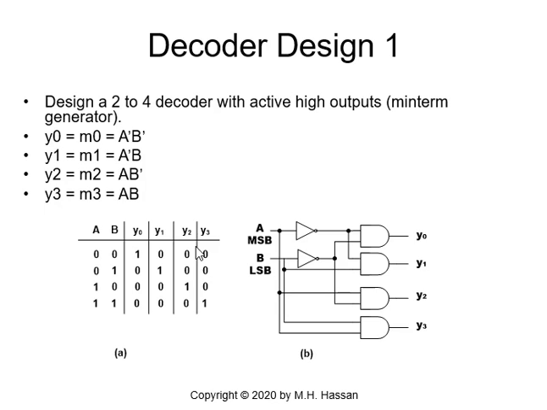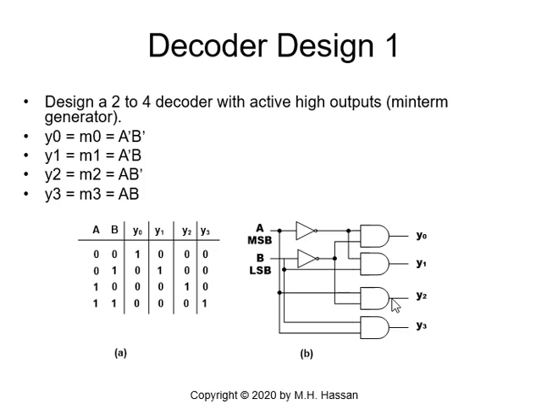And the logical equations can be translated to hardware, as you can see. We have two inverters to invert A and B. A is the most significant bit, and B is the least significant. Now, to generate Y0, I need A prime, B prime, both of them inverted. To generate Y1, I need A prime, which we took from here, and B uninverted.